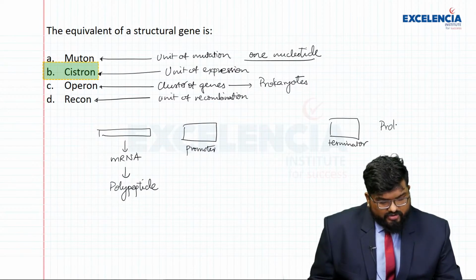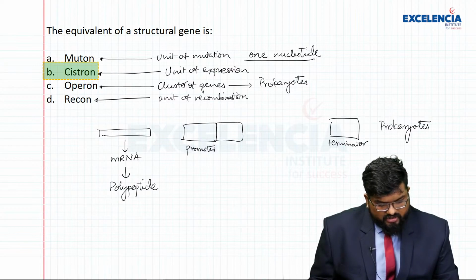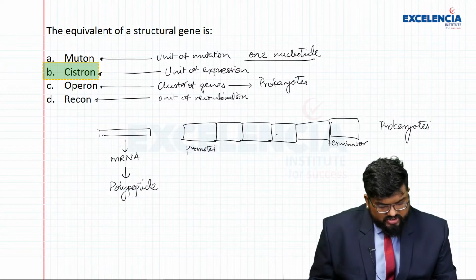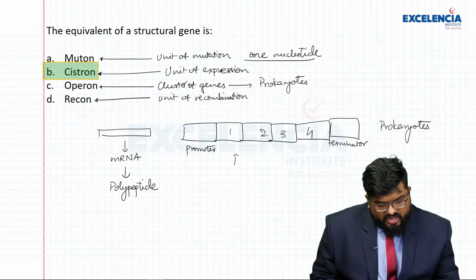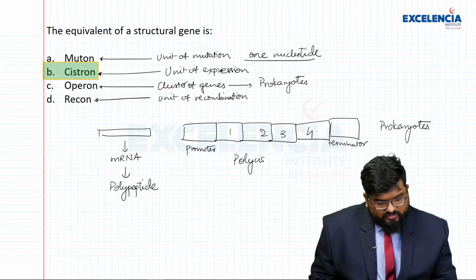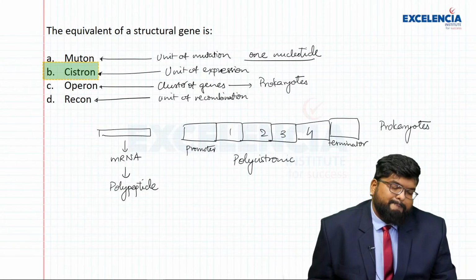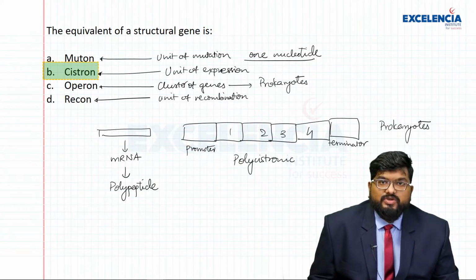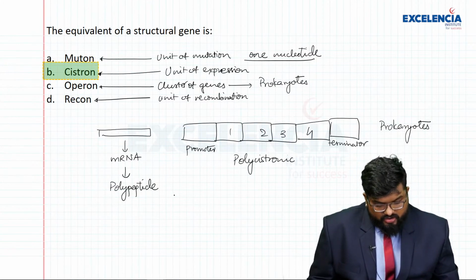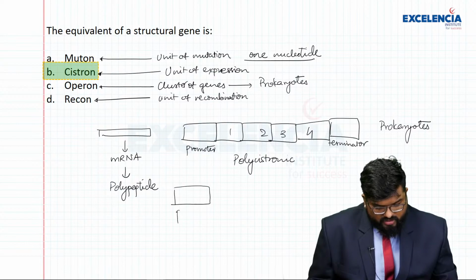Now in prokaryotes, between a promoter and a terminator, we may have more than one structural gene. And this condition is known as what? Polycistronic.